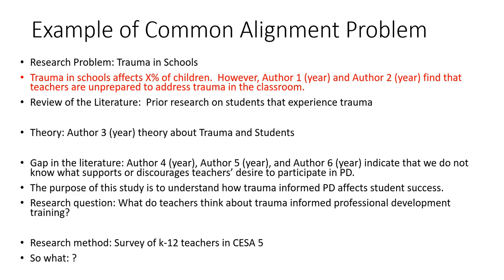All right. The review of the literature, although it's important to understand a bit of background about students and their experience of trauma, is also going to need to include prior research on professional development, because what we're looking at here is understanding trauma-informed professional development.